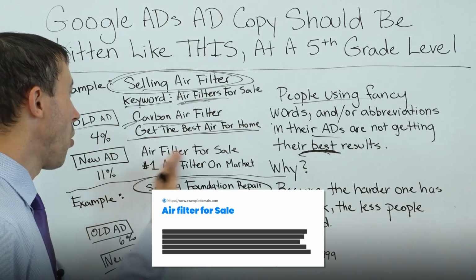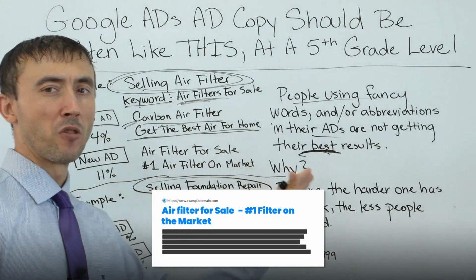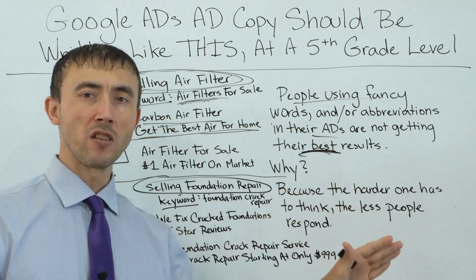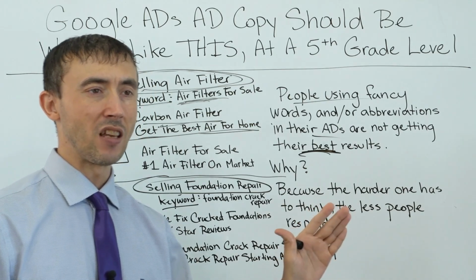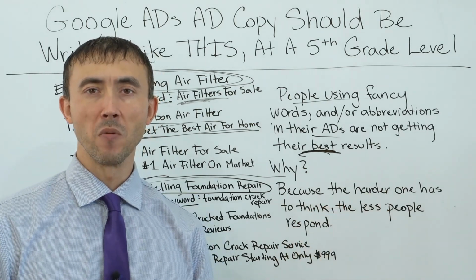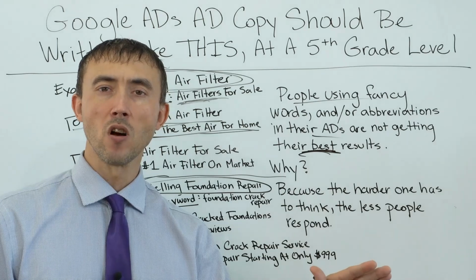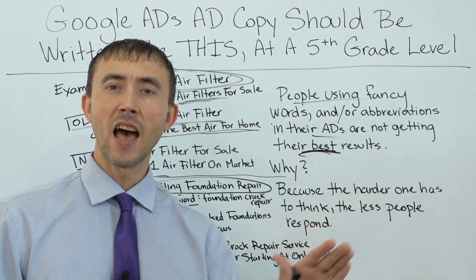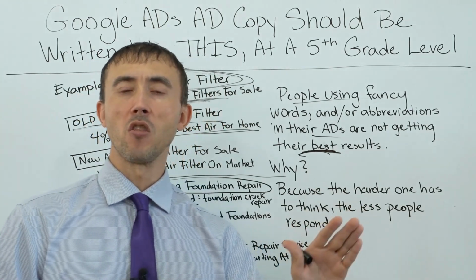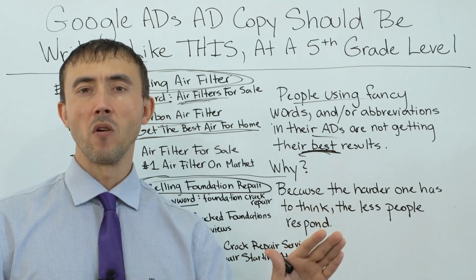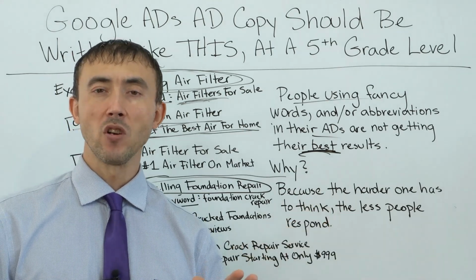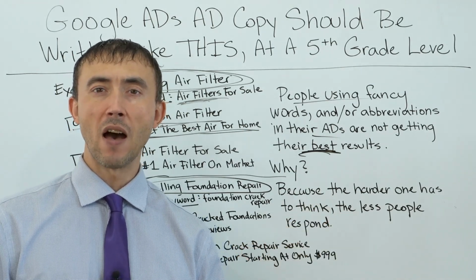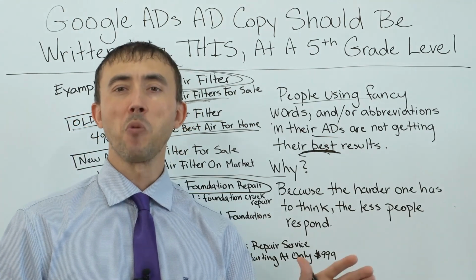And then we told them that this is the #1 filter on the market, because they got to know that they could trust us. And if somebody sees that, they're thinking, well, I want the #1 filter on the market. And the trust is no longer a factor anymore, or at least at that surface level where they're going to go to the site and see what's going on, if you will. Even more so, by the way, than saying how many reviews you have and all that, because people assume all products have good reviews.